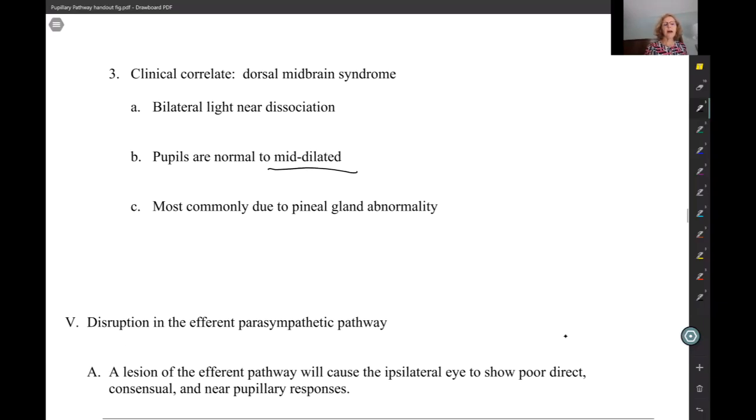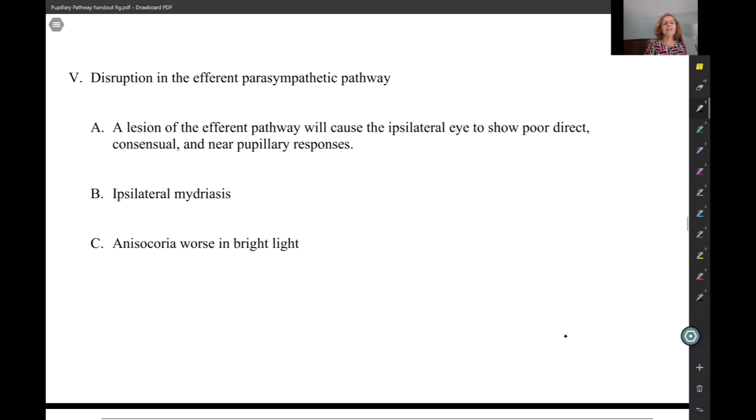Let's move on now and talk about efferent pupillary disorders. There's two types of efferent pupillary disorders. There's a lesion of the parasympathetic system and a lesion of the sympathetic system. Today, we're going to cover the lesions of a parasympathetic pathway.